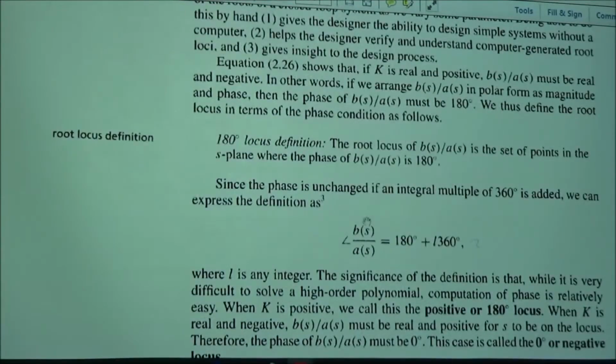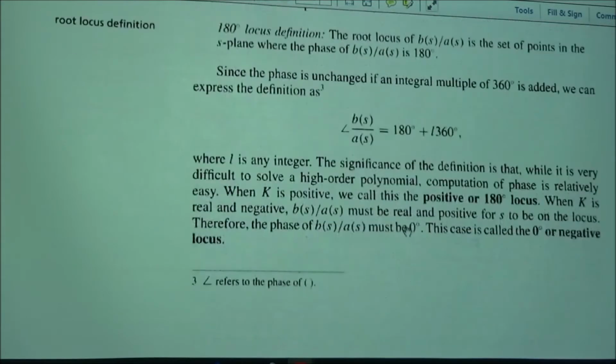That's why this condition is relevant. Then of course, the magnitude of B over A must be equal to 1, and that gives you the actual value of K as you move from a point to another point on the root locus.